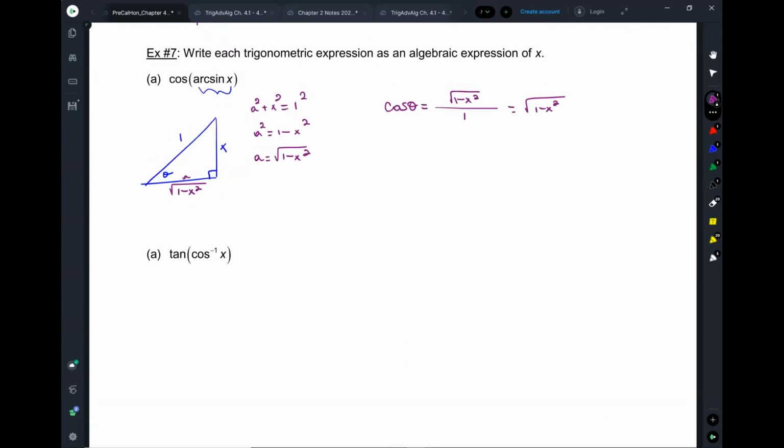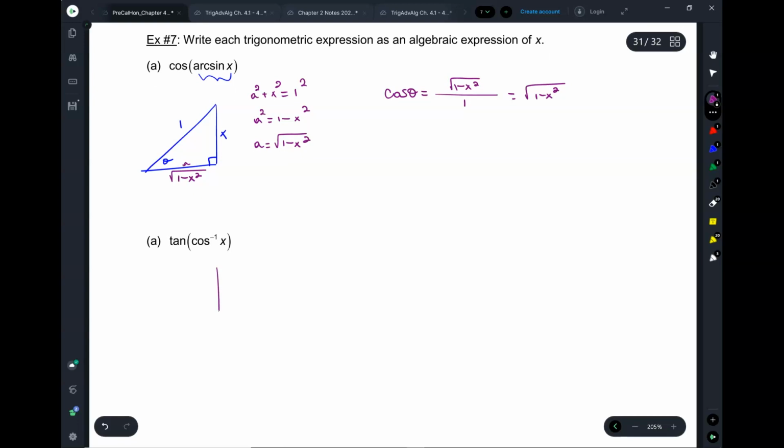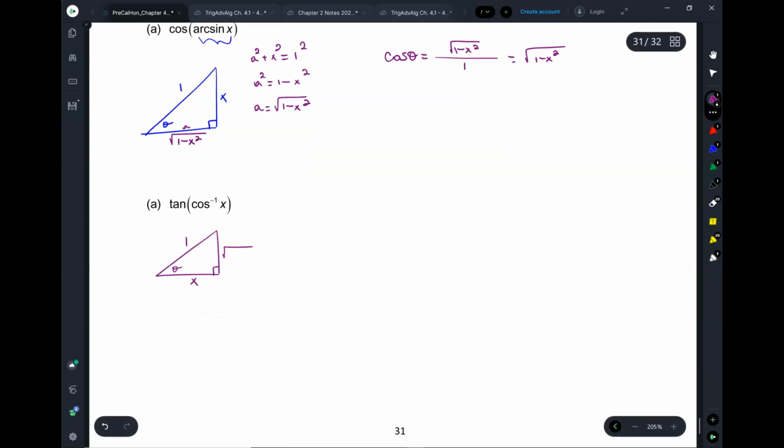Tangent of inverse cosine. Right? So let's draw a triangle. Inverse cosine of x, the cosine is x over 1. This side is the square root of the hypotenuse squared minus the leg squared.